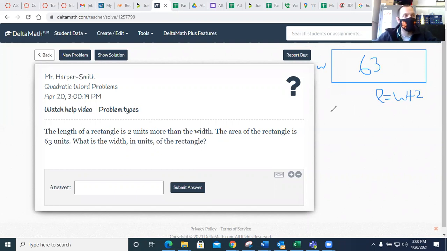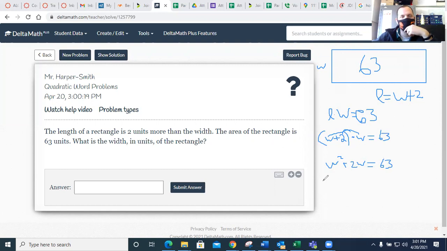I think you already know what the numbers are, but I'm going to do this anyway. To find the area, we do length times width equals 63. We know that the length is really width plus 2. So we can solve if there's one variable. If there's two variables, we can't solve it. I'm going to distribute that W. It's going to give me W squared plus 2W equals 63.